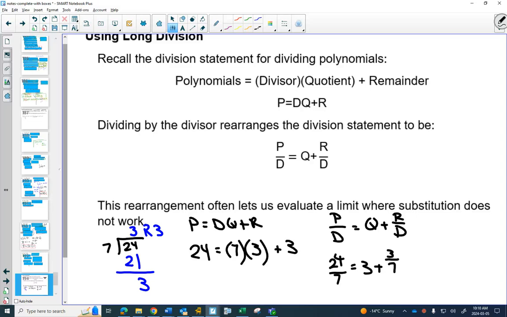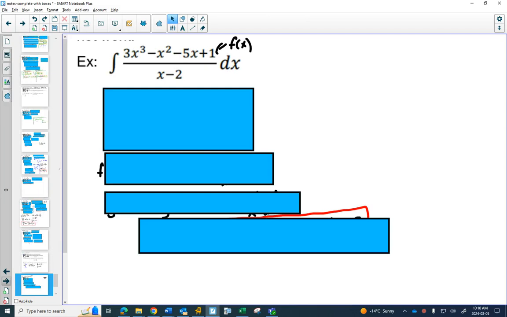Okay? So what we're going to do is look at questions which have a division and then say, if I actually divided this and wrote my division statement, that means I could rewrite this, because here I have some polynomial divided by something.